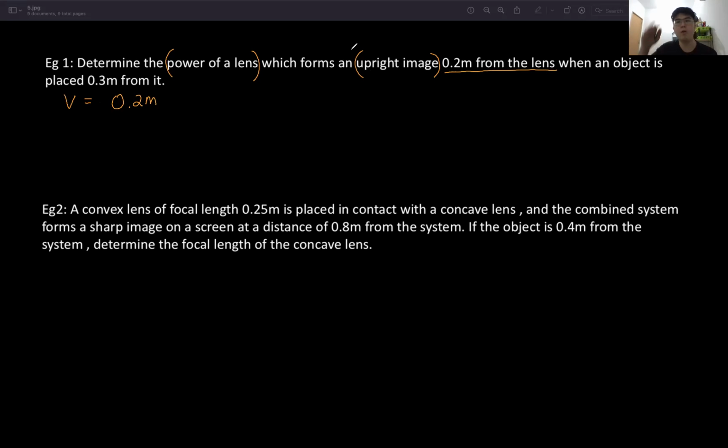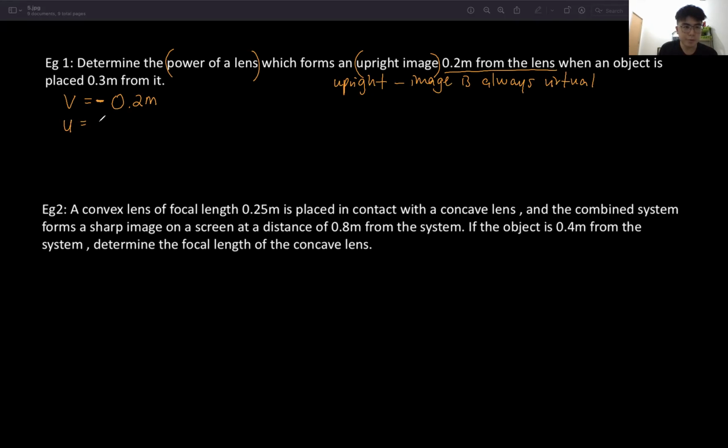If you look at all your ray diagrams, and I ask you to label the characteristics of each diagram, you'll see that for all upright images, whether concave or convex, the image is always virtual. That means this is virtual. So I add a negative in front. Negative 0.2 meter.